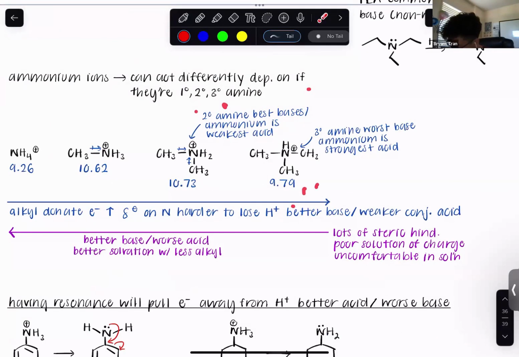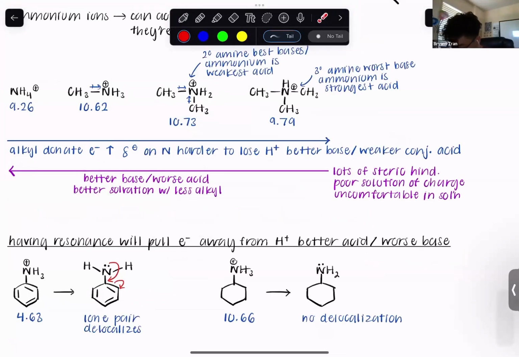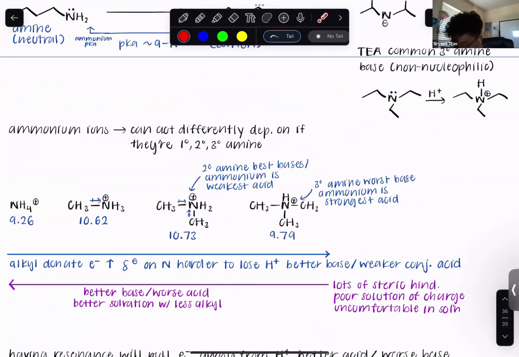Oh yeah, this is pretty tricky right here. Alkyl donates electrons, so there's going to be more negative charge on the nitrogen, harder for it to lose protons, better base, weaker conjugate acid.